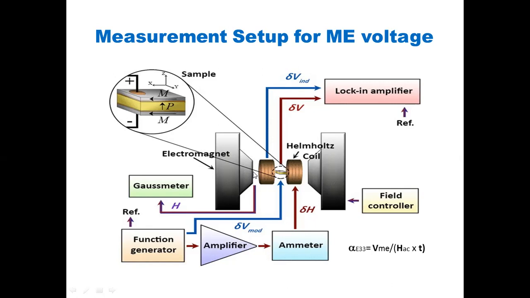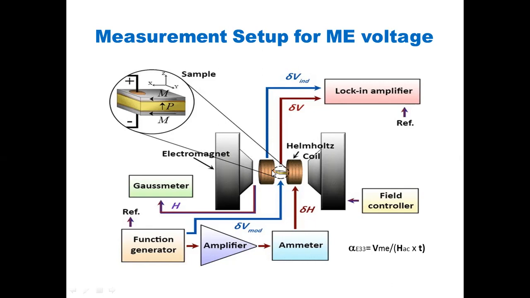These two electromagnets are connected to a current power supply, and you can change the current passing through them. Accordingly, you are changing the magnetic field produced at the center of these two coils.